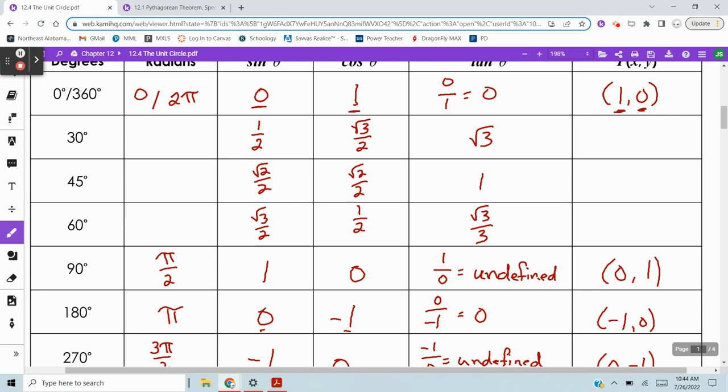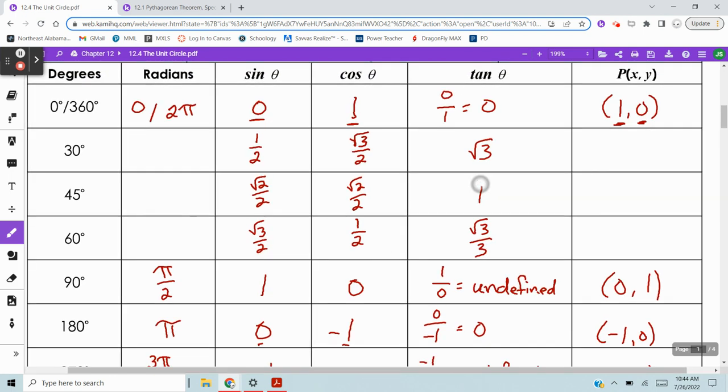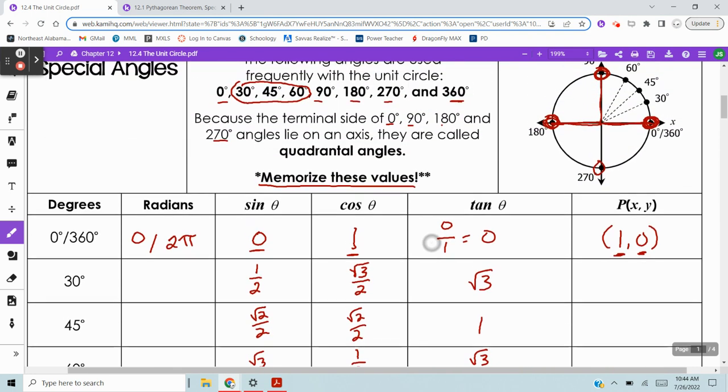One other thing to realize, though, let's connect these two lessons, is that these points represent more than just the sine and cosine. These actual values are the x values and the y values of the points that correspond on this unit circle.